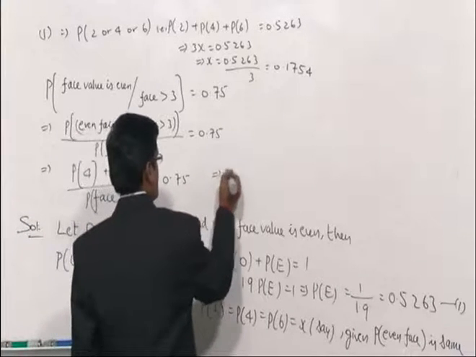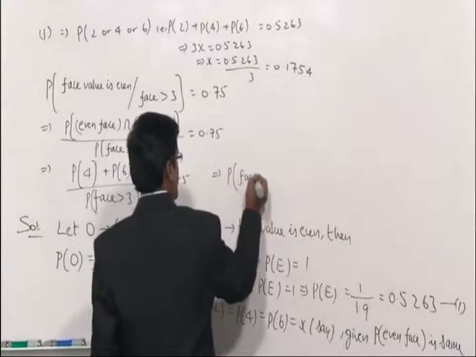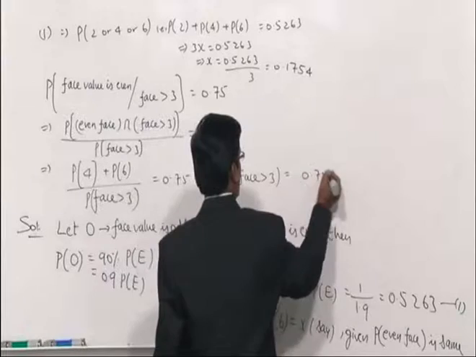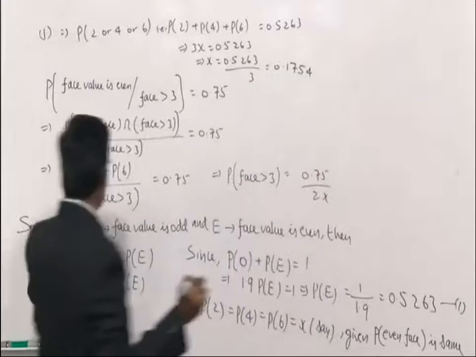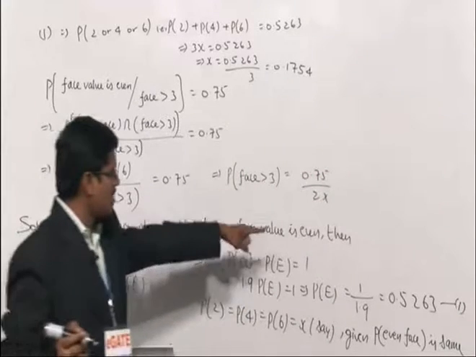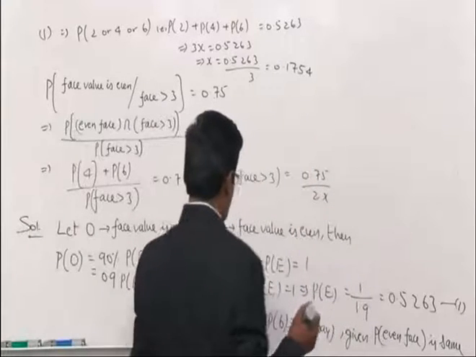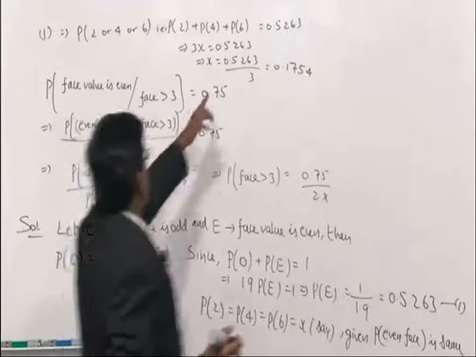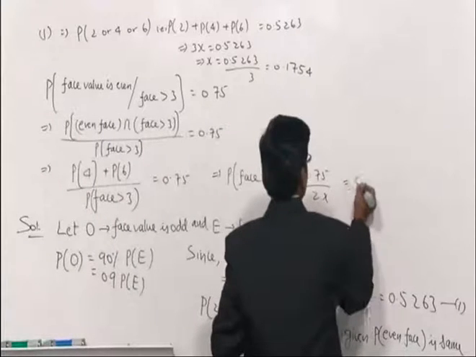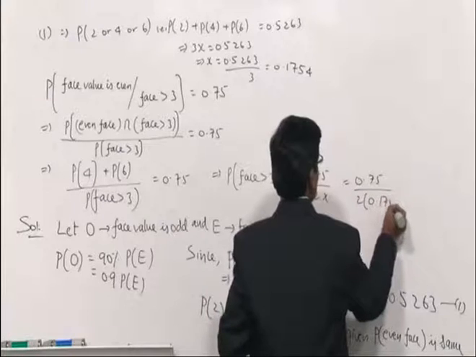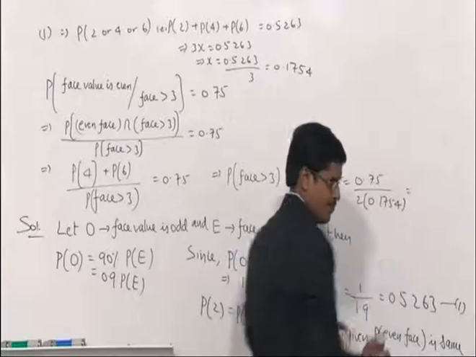Which implies P of face exceeds 3, that is greater than 3, is equal to 0.75 divided by 2x, because P of 4, P of 6, P of 2 are all equal to, as I said, x. What did we get for the value of x? X value is 0.1754. So this is 0.75 divided by 2 times 0.1754. Calculate this value.